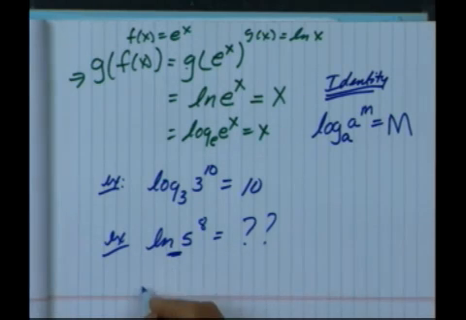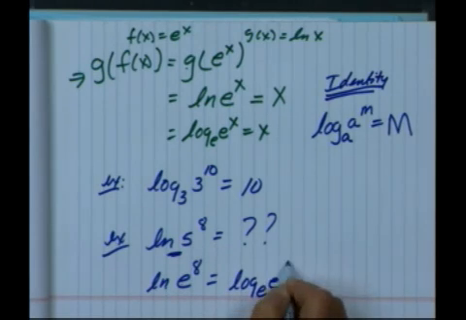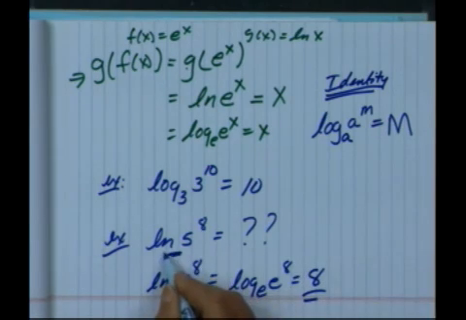If I have natural log of e raised to the 8th, what is that equal to? 8, because that's log to the base e of e raised to the 8th, which is 8. Okay? Got to have the base of the log and the argument the same.